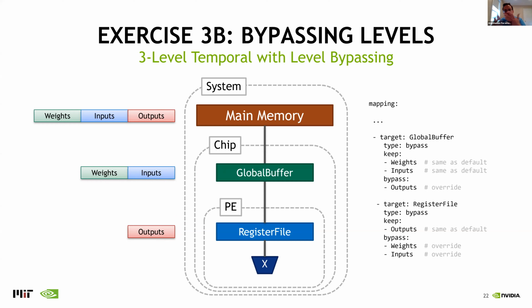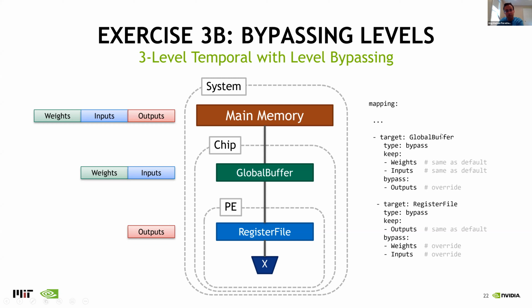And so if you're not getting reuse for a particular tensor, instead of just using the register file or one of these intermediate buffers as a FIFO storage or very low reuse storage, it may make sense to just bypass them. And later on, we'll see how we can ask the mapper to make those decisions for us.